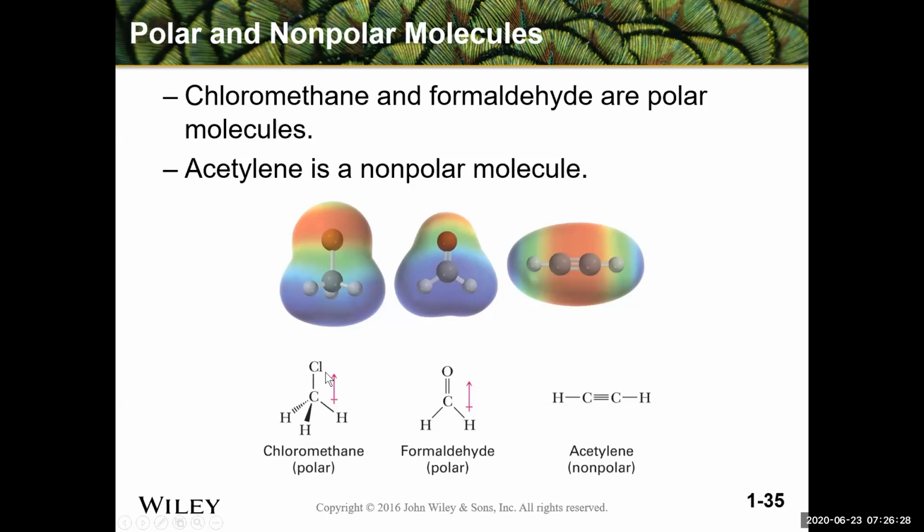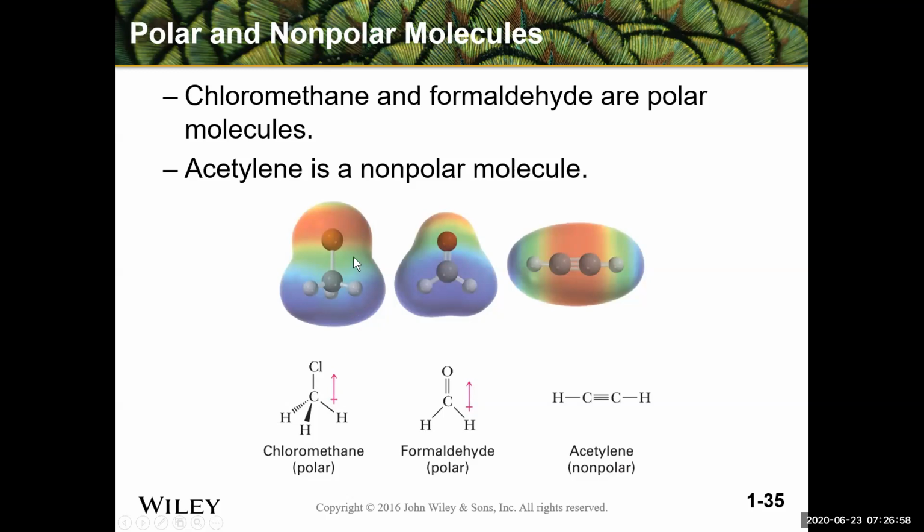But there's a net dipole moment along the carbon-chlorine bond because the difference in electronegativity between chlorine and carbon is greater than 0.5. So chloromethane is considered a polar molecule with a net dipole moment pointing towards the chlorine, in the upward direction here from the carbon atom to the chlorine atom.